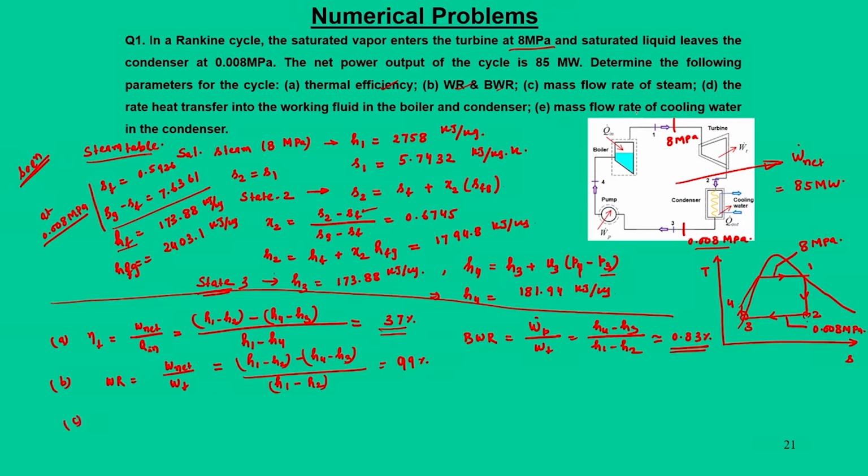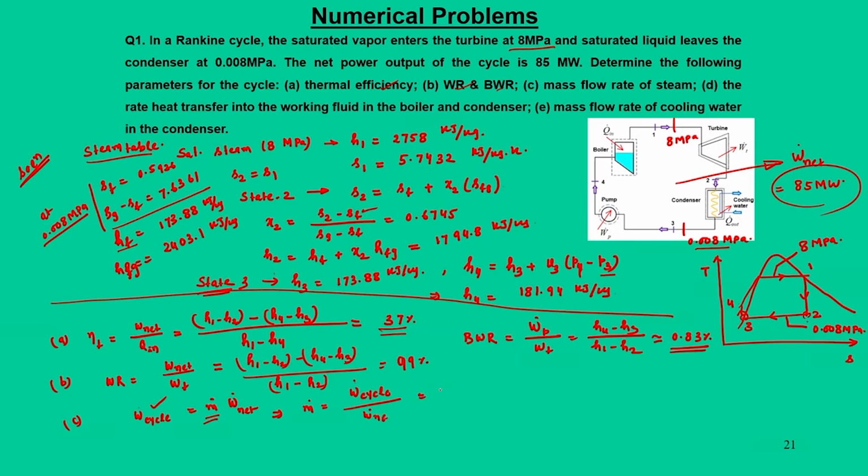Then mass flow rate of steam. So, you can say W dot cycle is equal to m dot into W dot net. From this cycle work, which is given as 80 megawatt, we require the mass of steam. So, we can find out this m dot as W dot cycle divided by W dot net.